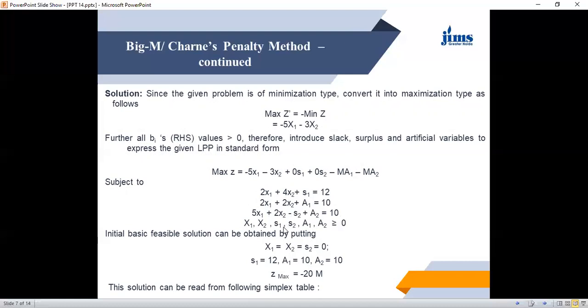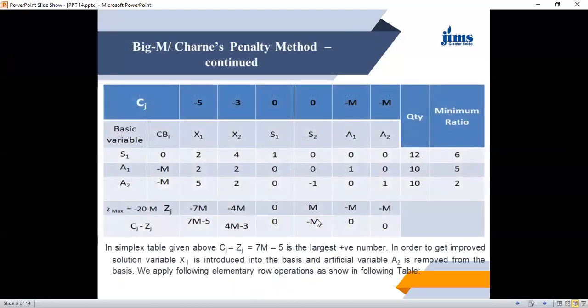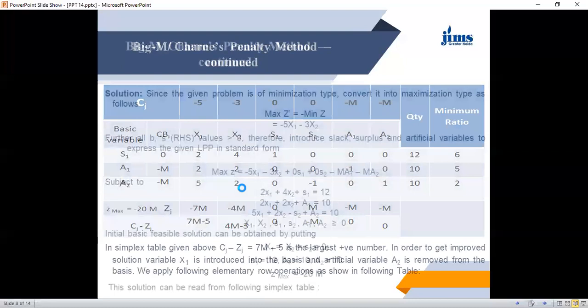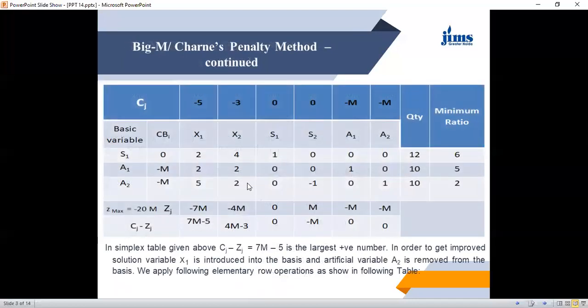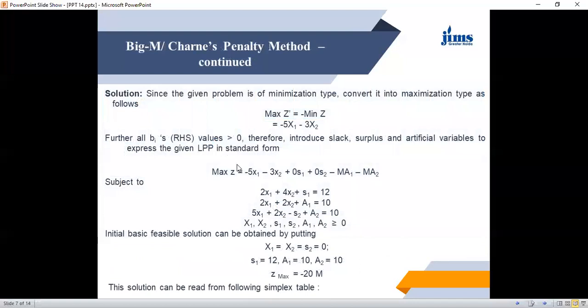And when we put all these things, we transfer this entire thing into the simplex table. So the first row Cj will contain the coefficients of the different variables in the objective function.